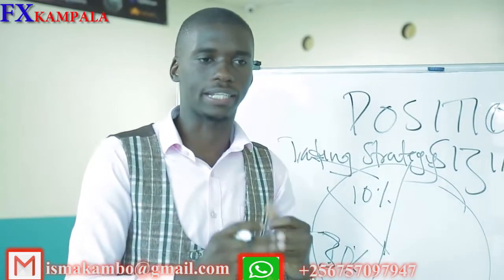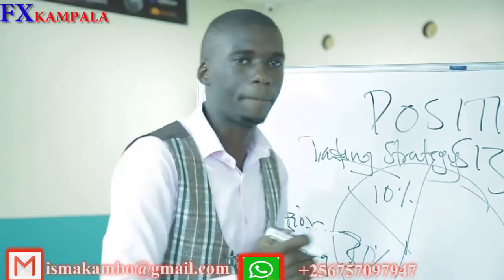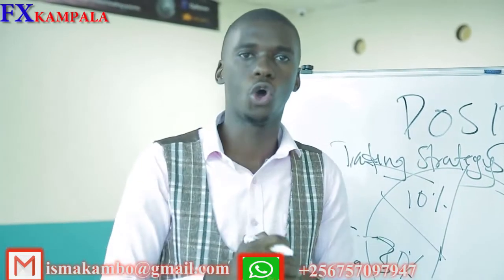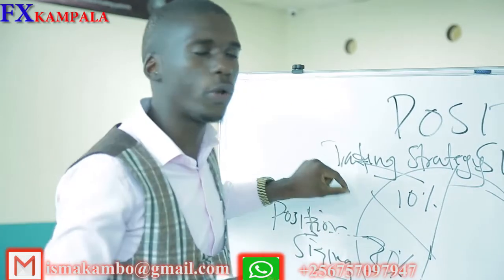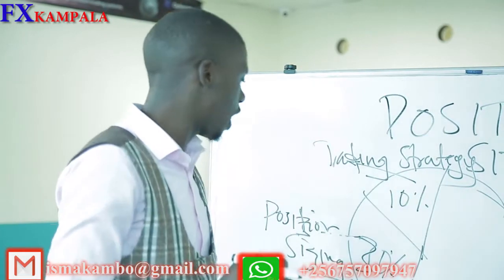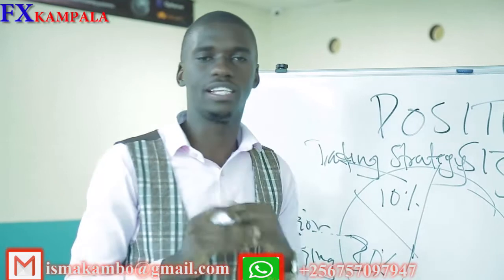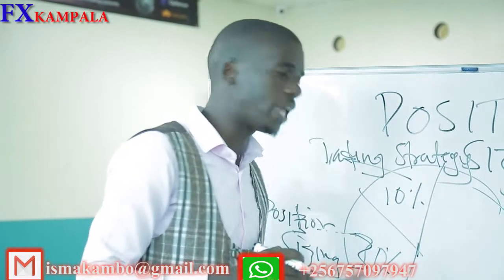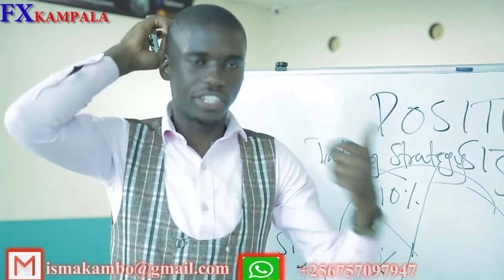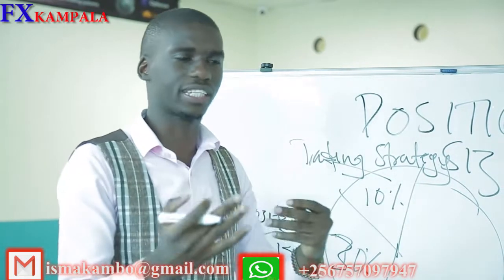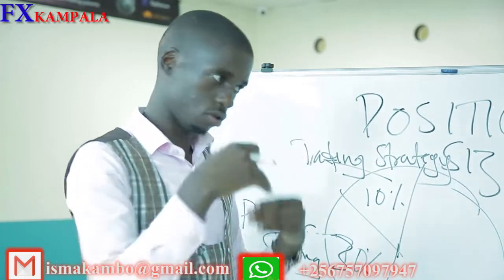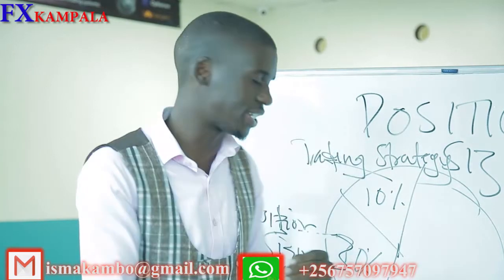Because we normally look at between 1 to 3% of any portfolio when we are trading a particular trade. So this is where we do all this. And again, when it comes to position sizing, it's for this reason that we look at the risk-reward ratio. Risk-reward ratio basically means: how much are you risking and what are your returns?